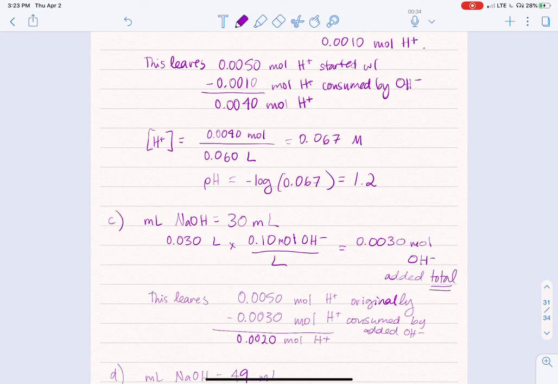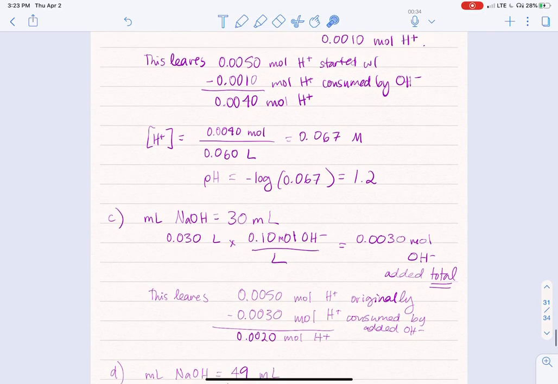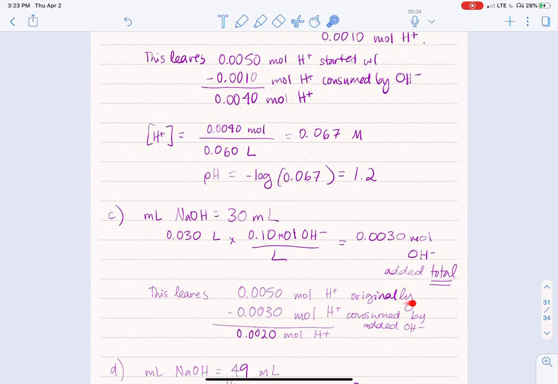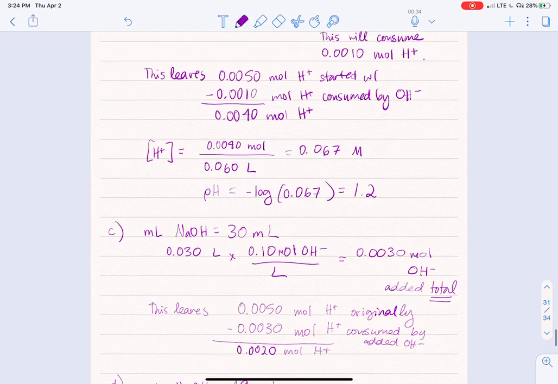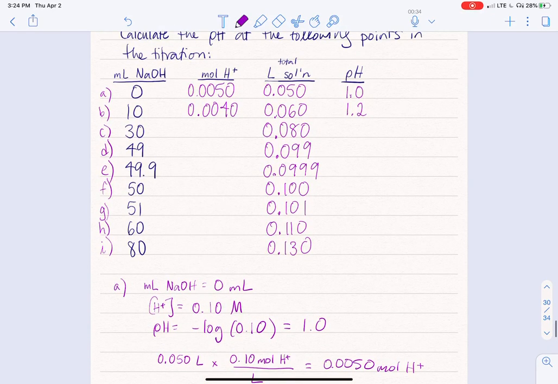This is the total amount that I've added so far. So I need to take that value and subtract it from the number of moles of protons that I had originally. That tells me that I am left with 0.002 moles of protons at this point in the titration. So, putting that into my table, I know what I need to do.